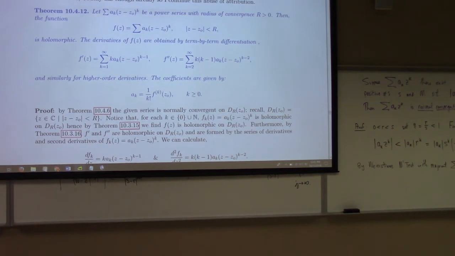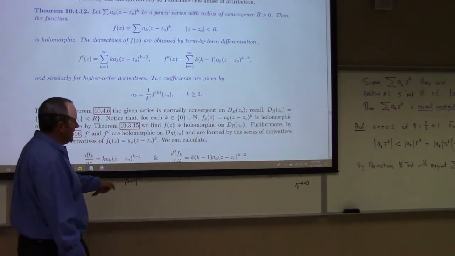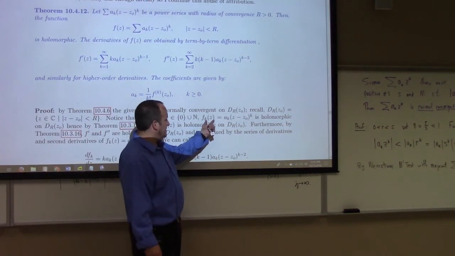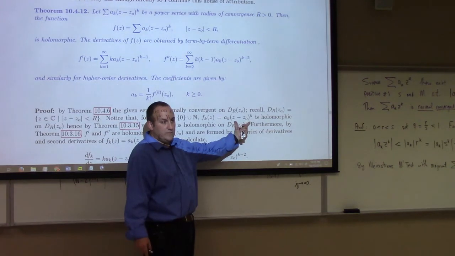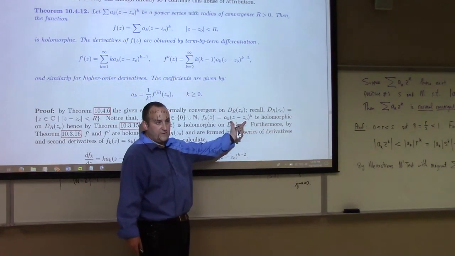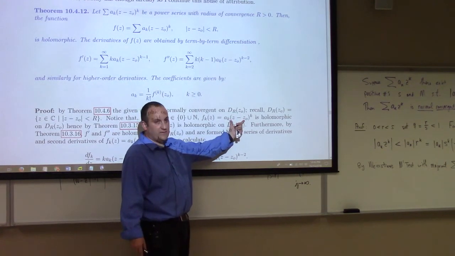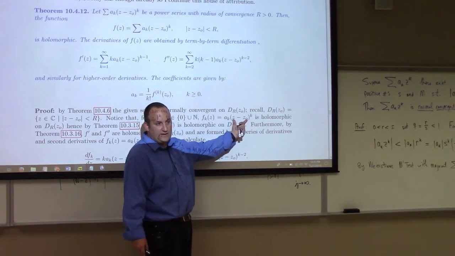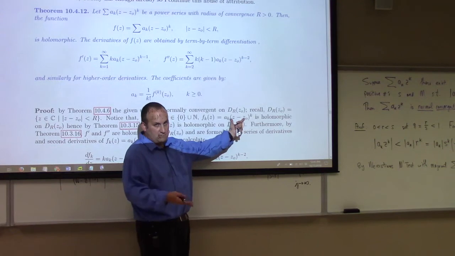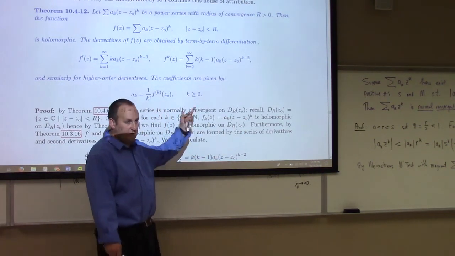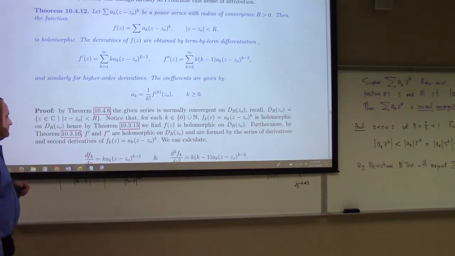So here we go. We have this series, and we're given it's normally convergent on the disk of radius r naught. What's our kth term in the series? It's just power functions. We know power functions are holomorphic because you can differentiate them k-fold times. Can you take the complex derivative of a constant times z minus z naught to an integer power? This is definitely complex differentiable.